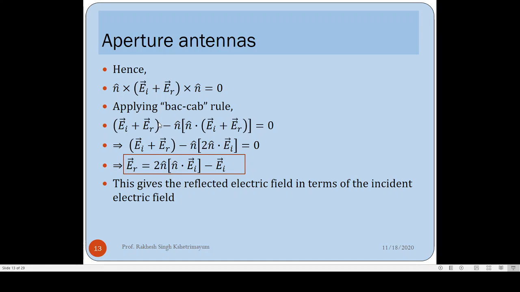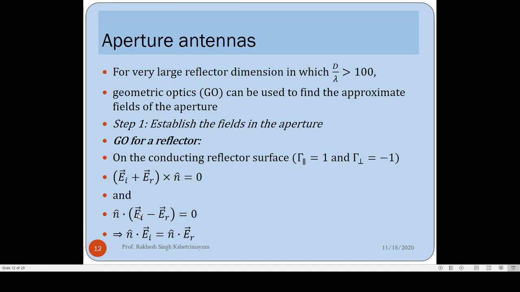This is a unit normal vector, so you do the dot product of the normal unit vector with itself, you get 1. Minus C, so the n unit vector here, times A dot B, so A dot B is n dot (E_i plus E_r). What is n dot (E_i plus E_r)? You can get it from here.